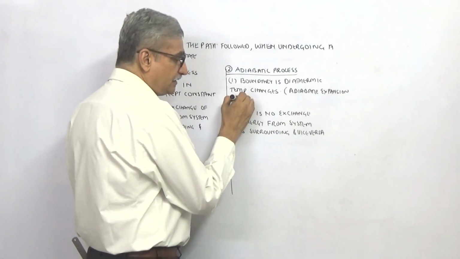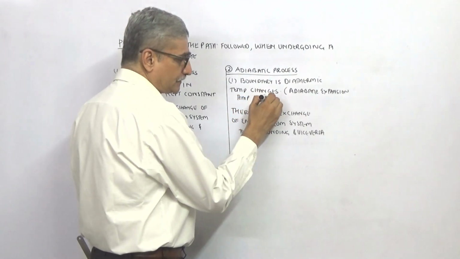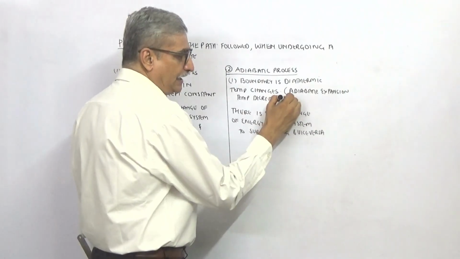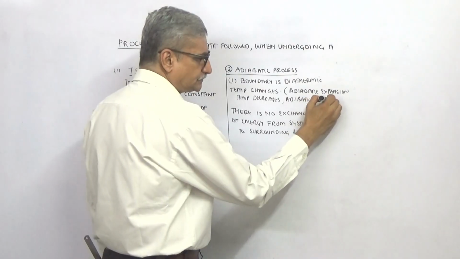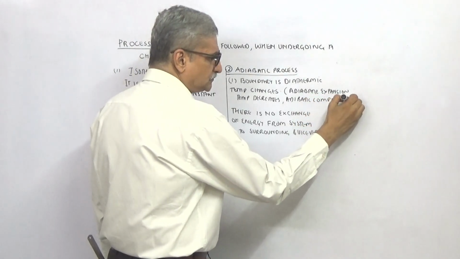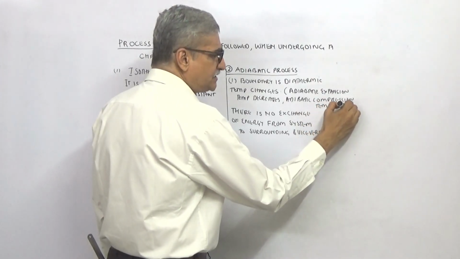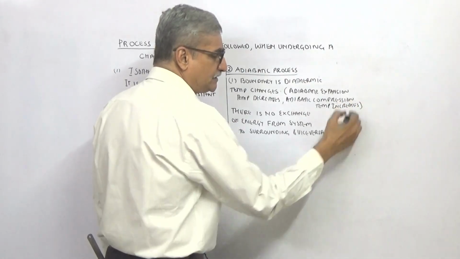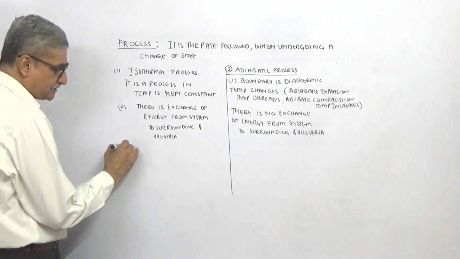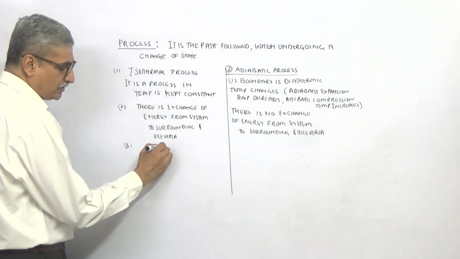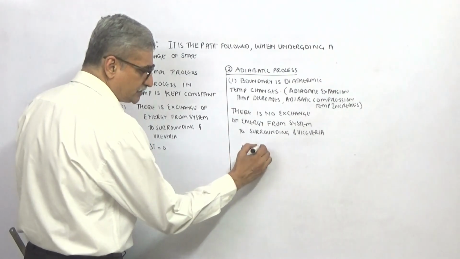Adiabatic expansion, temperature decreases. And adiabatic compression, temperature increases. So this is how the temperature does not remain constant. Obviously, in isothermal, delta T is equal to 0. Here delta T, change in temperature, is not equal to 0.